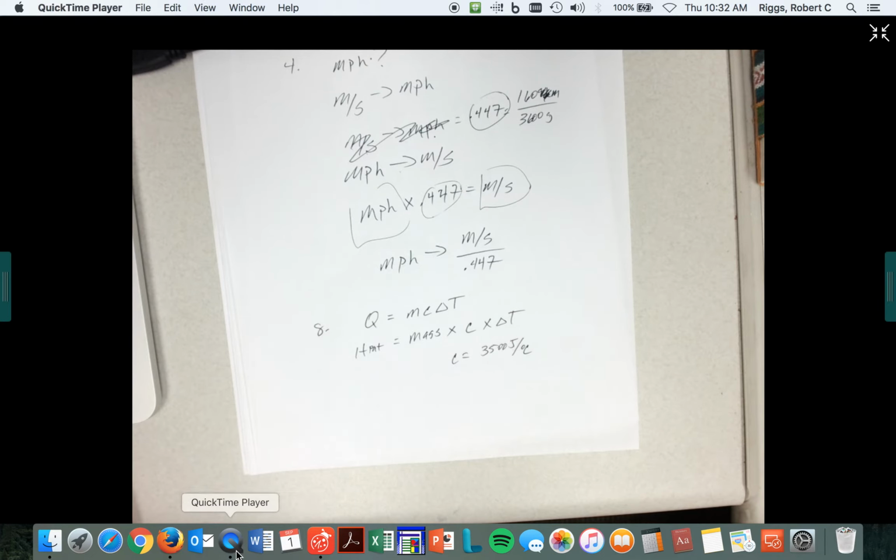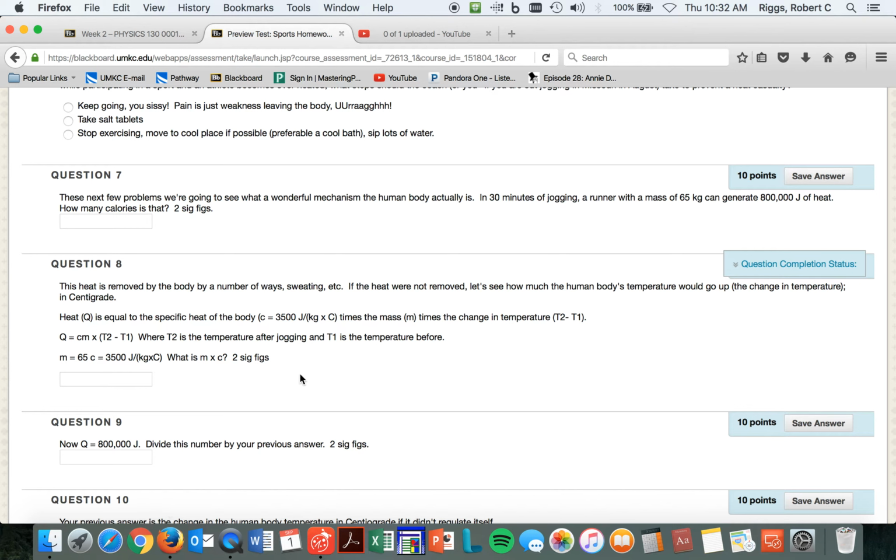So there we are. Now this takes a minute. T1 minus T2 is equal to delta T. What we're going to try and solve for is the change in temperature, to see how much the temperature would rise. T2 is the temperature after jogging and T1 is the temperature before jogging.